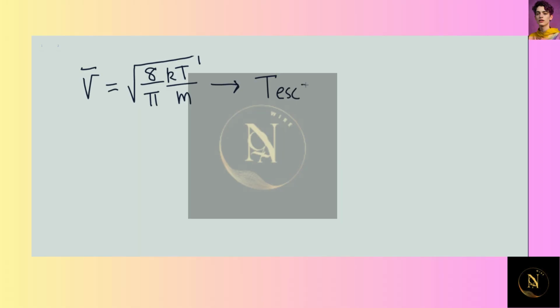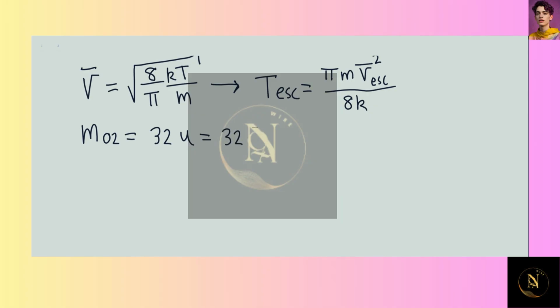So our escape temperature is simply going to be, doing a bit of algebra, pi m times the average speed squared, and this average speed is going to have to be our escape speed, all over 8k, where of course k is the Boltzmann constant. So this is our expression for the escape temperature, just doing about one step of algebra. The only thing we have to do is note that for oxygen, the mass of one oxygen molecule is about 32 u, where u is the mass of a proton, 1.66 times 10 to the negative 27 kilograms.